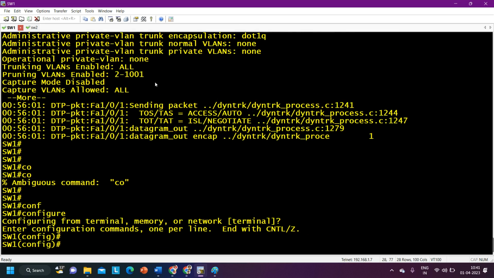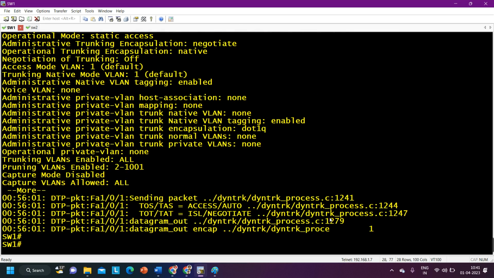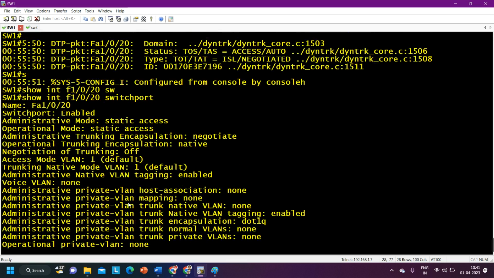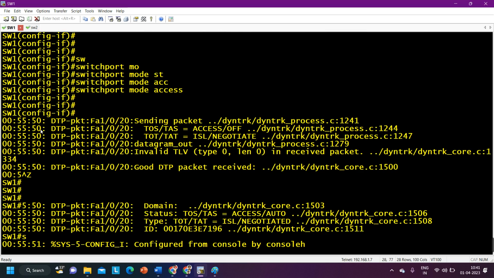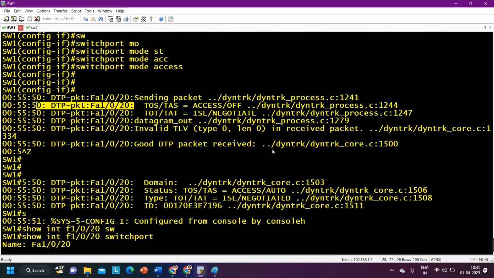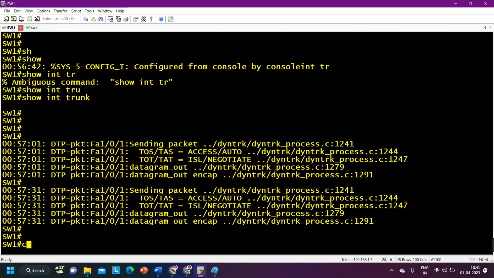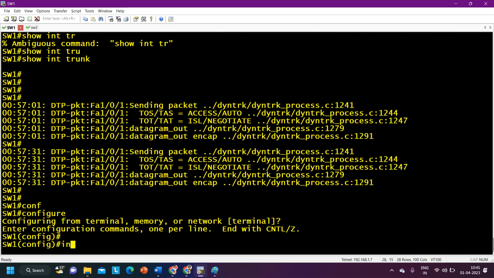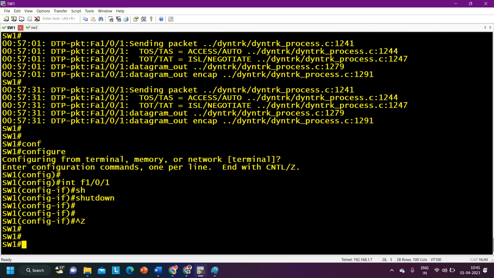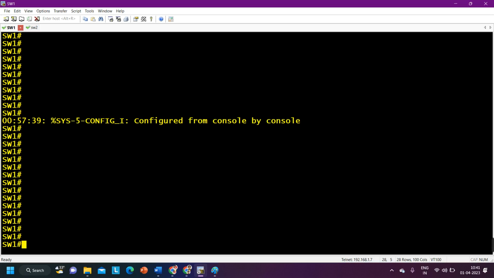Earlier it was sending from both ports, from 0/20 as well. Here you can see it was sending DTP from f1/0/20 as well, but now it's sending only from 1. Let me down the interface which is connected with router, interface f1/0/1 shutdown. Right now this switch is not going to send any DTP message.